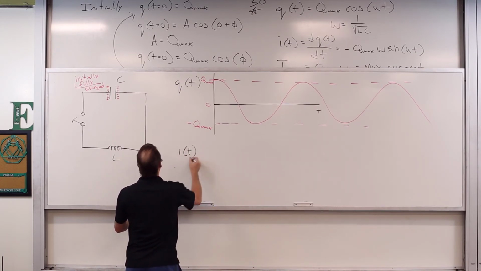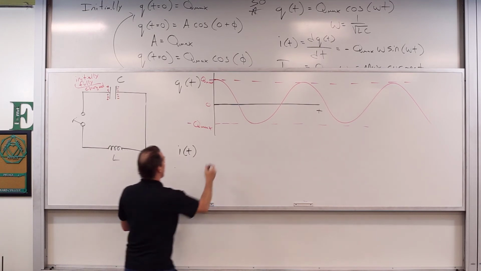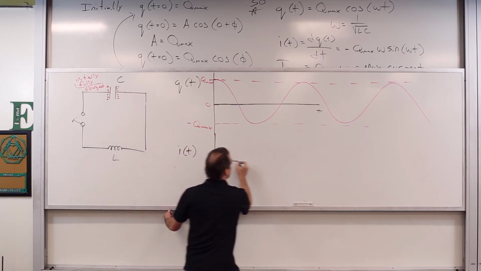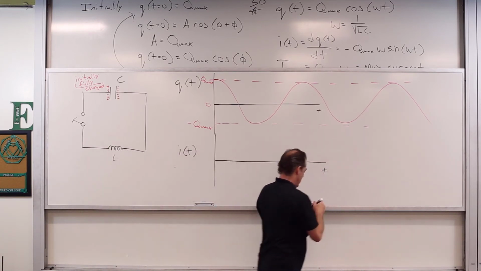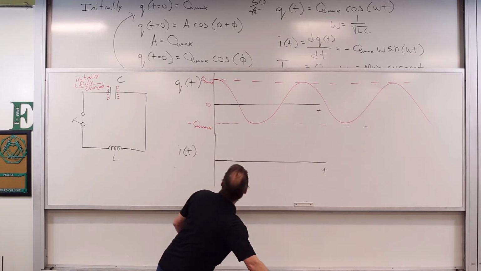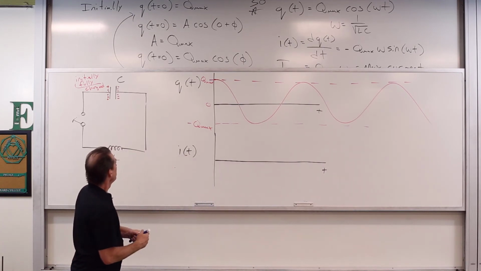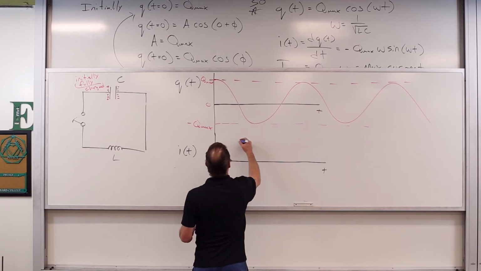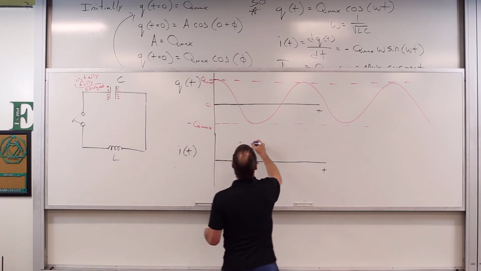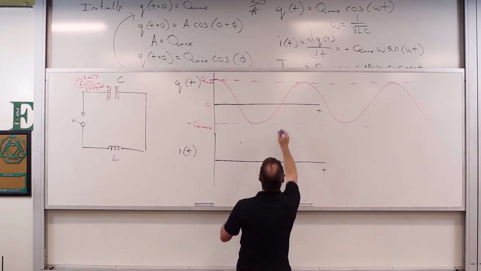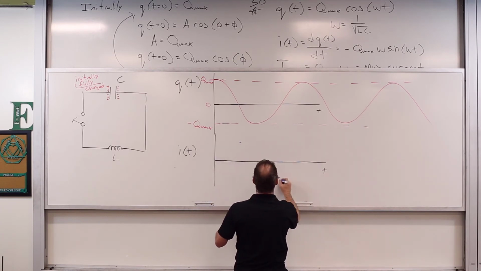If we look at the current through the inductor as a function of time, try to match this up. This one's a little bit harder to sync up for me. So I've got to put little cheater marks so I can match this up as best I can.